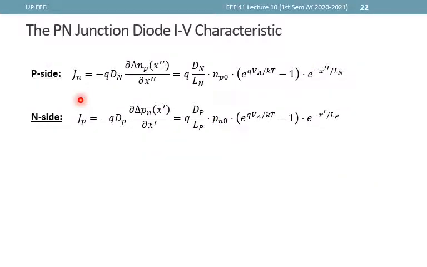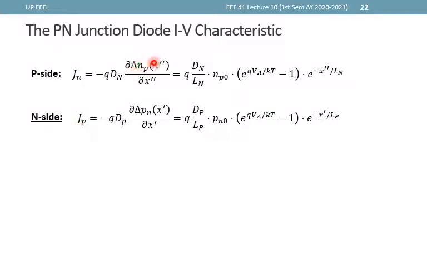So given that we already have a function of delta NP of x double prime and Pn of x prime, we can then proceed and derive the minority carrier current densities at the p side and the n side. So at the p side, we will now derive Jn. At the n side, we will derive Jp.